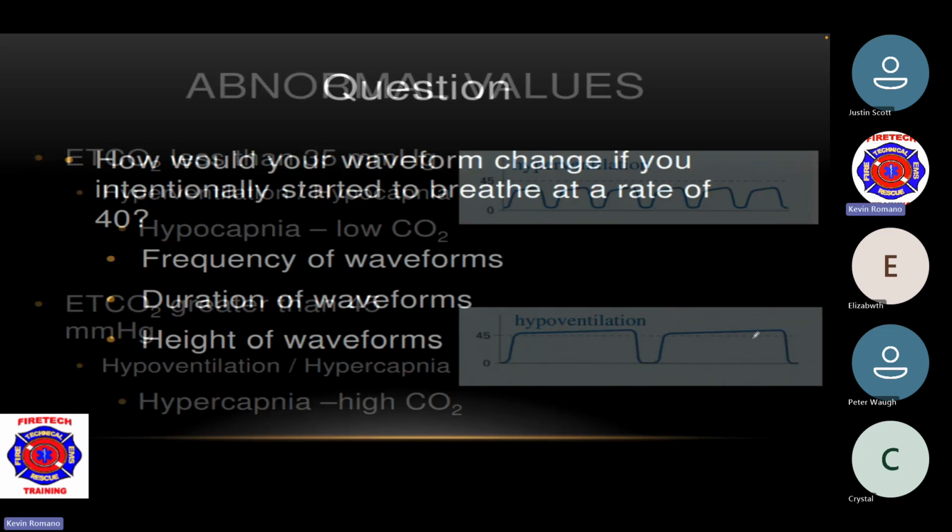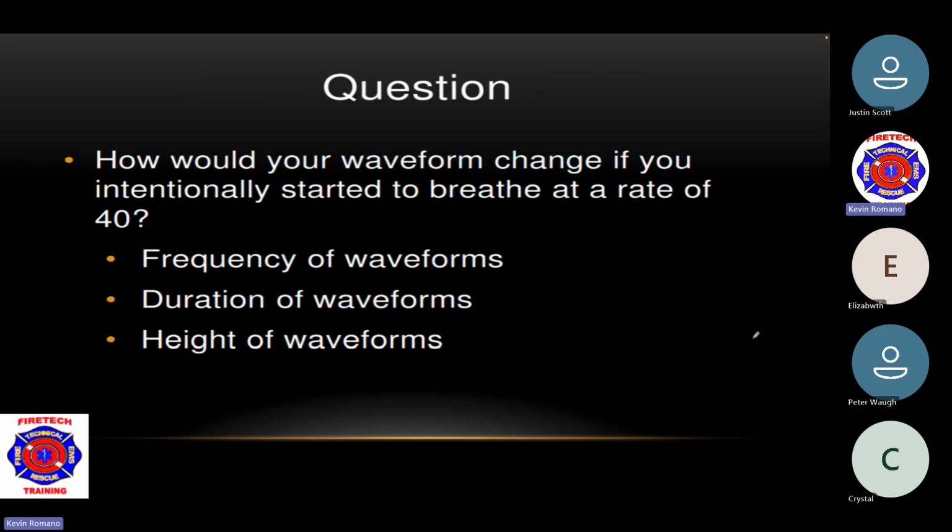Here we go. How would your waveform change if you intentionally started to breathe at a rate of 40? Who can give me those answers? Frequency, duration, and height. Anybody want to take a stab at that?